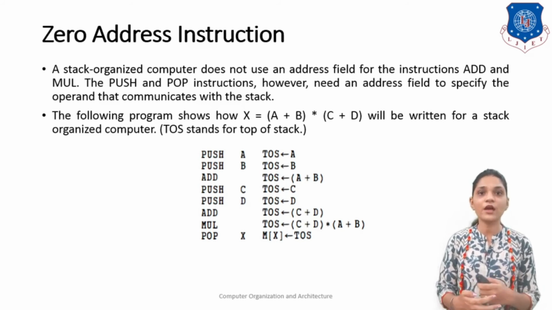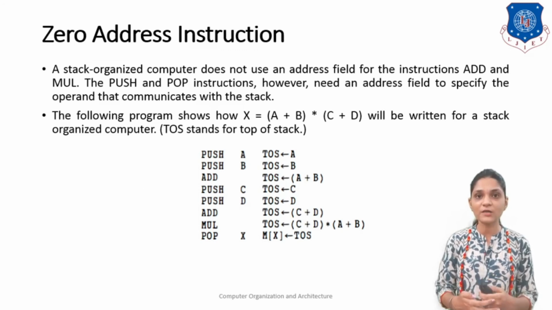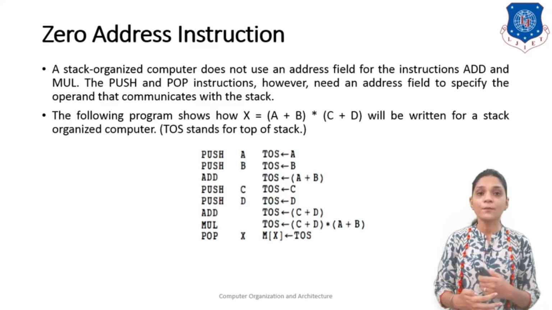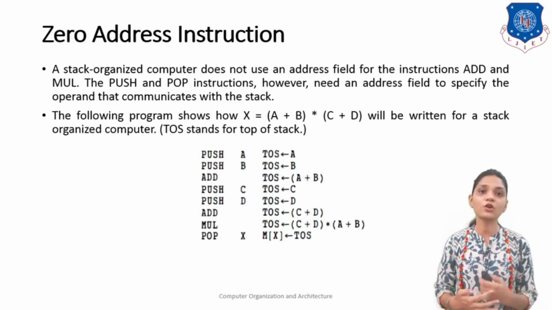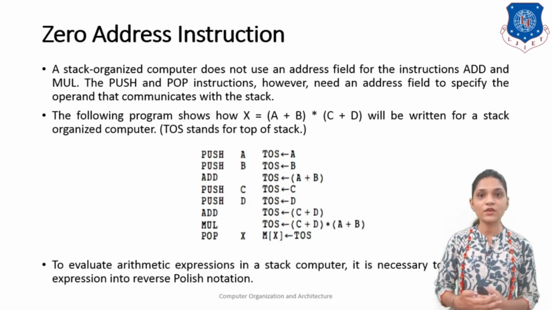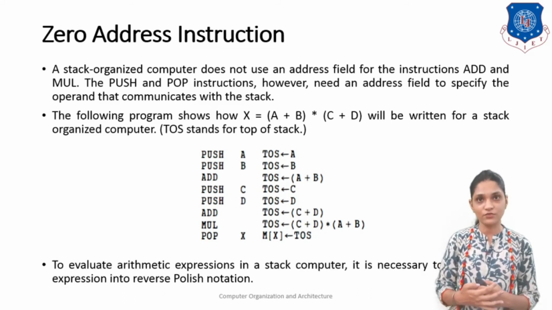And lastly we have to store this multiplication result in location X. So we will use the instruction POP X. In this way we can use stack operations, which have a zero address field.